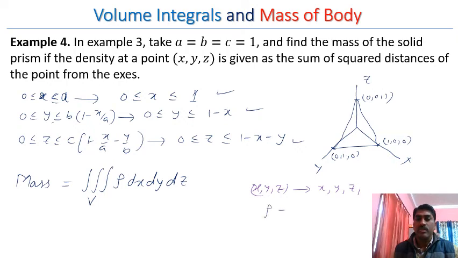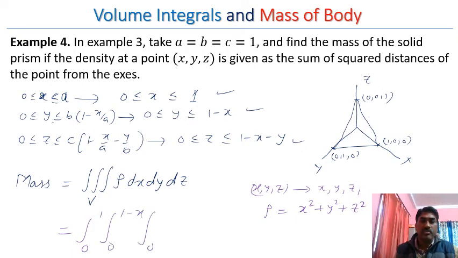So rho is equal to x square plus y square plus z square. This is our density. So we just need to put this density and the limits. So this becomes the integral from 0 to 1, 0 to 1 minus x, and 0 to 1 minus x minus y, of (x square plus y square plus z square) dx dy dz.